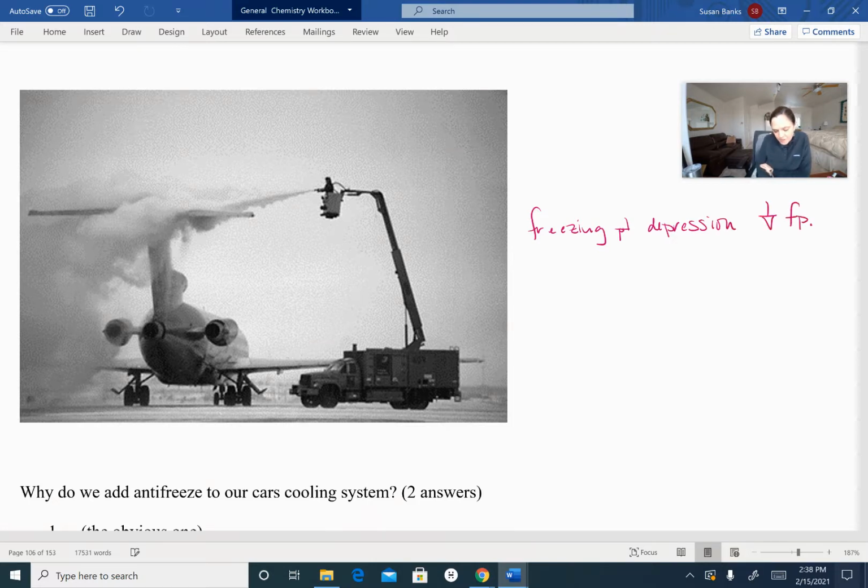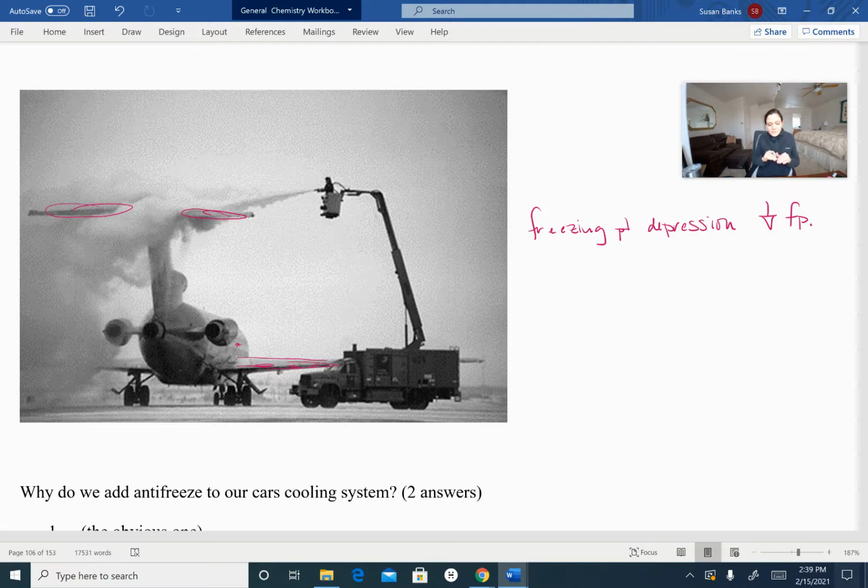Okay? Now, if you've ever sat in the seat right by the wings, you'll see that on the wings there are flaps that need to be able to move up and down for the plane to be able to steer and to land. There are also flaps here on the ends of the tails that the pilots also control to steer and get the plane to lift or to land. Okay? We want those flaps to not freeze. We want those flaps to be movable, so that we can steer and maneuver the plane.